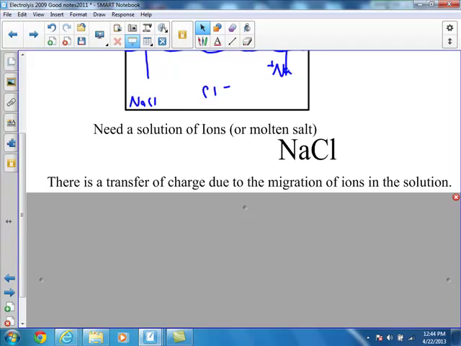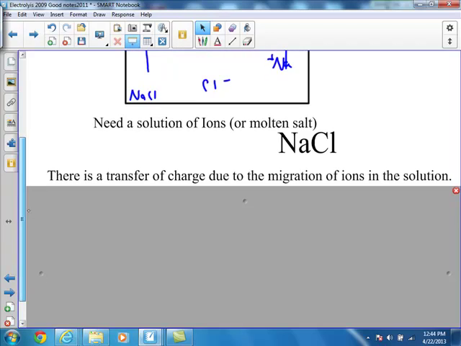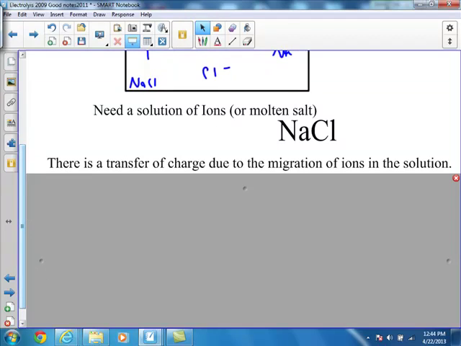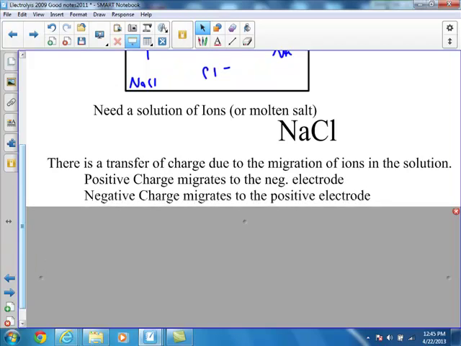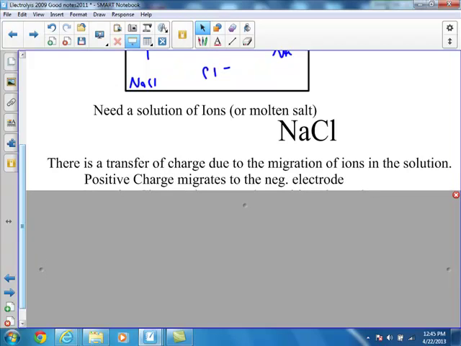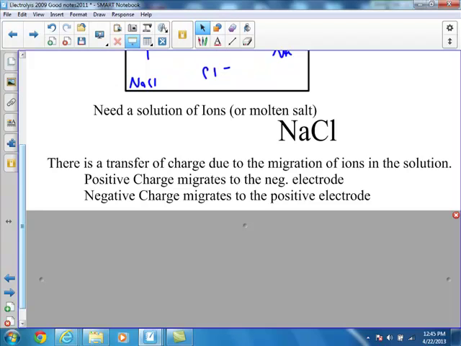The ions in the solution are going to be able to migrate to the positive and negative charges that are available. So the positive charge is going to migrate to the negative electrode, and the negative charge is going to migrate to the positive electrode.